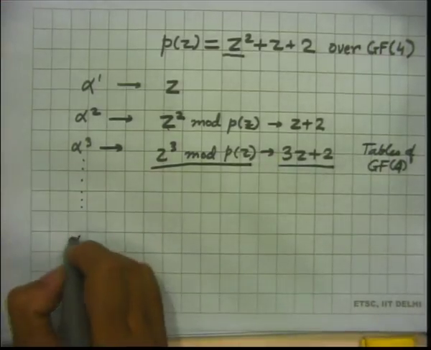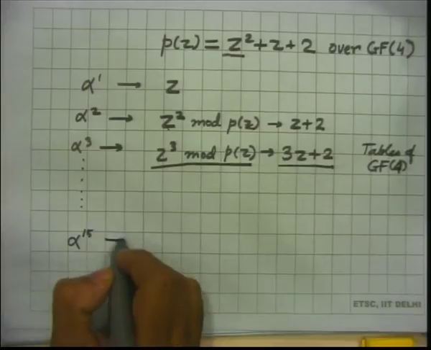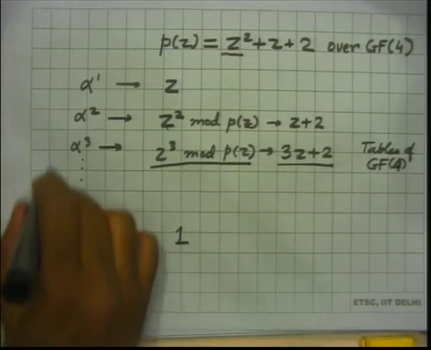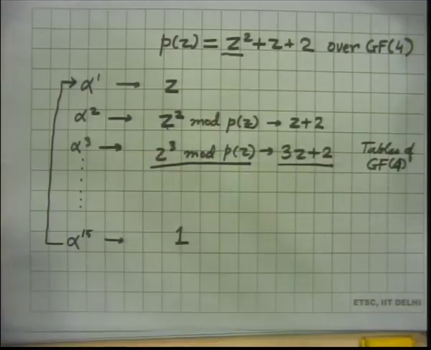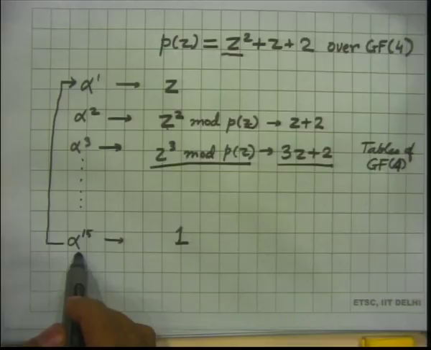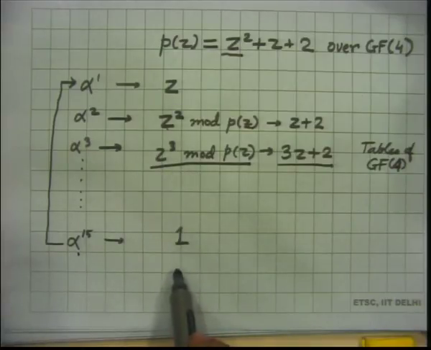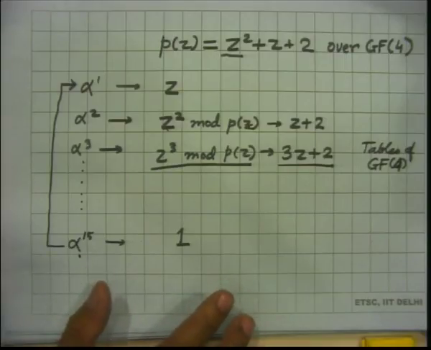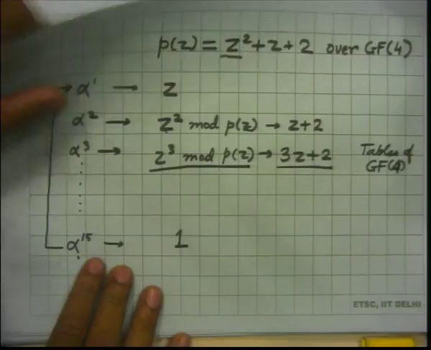You can continue up to alpha 15, which will give you 1, and then it will repeat again if you keep multiplying. So, all the powers of alpha give you the 16 elements, but please note that the elements obtained in this table look different from the ones we obtained using GF2. So, GF16 can be constructed in both ways.